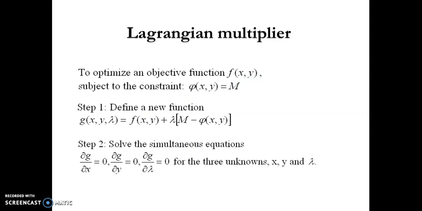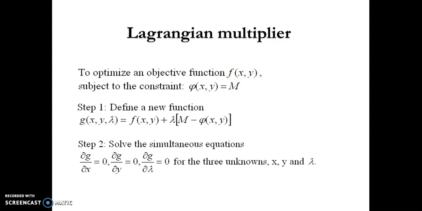Now, another method is called the Lagrangian multiplier, and that is the focus of this week. Right, now we have an objective function, and that is this function over here. Now, an objective function defines the objective of the optimization.